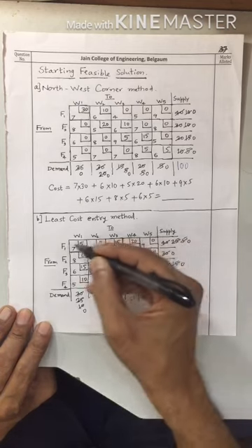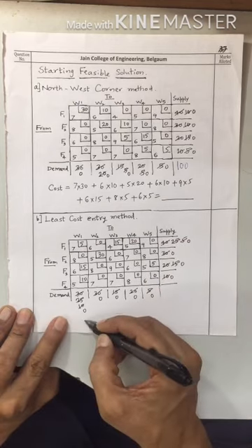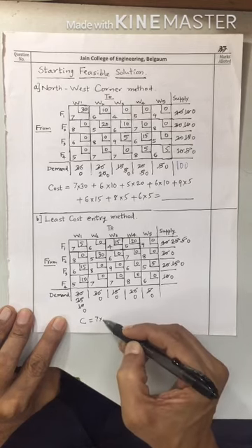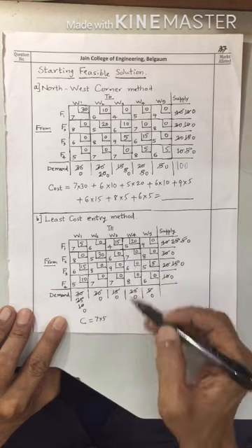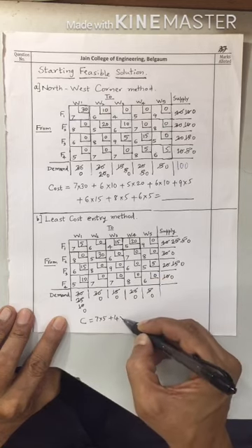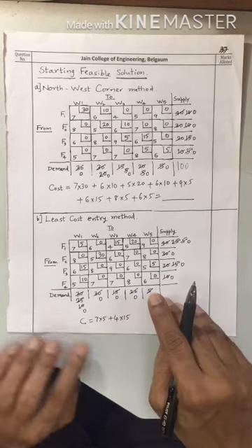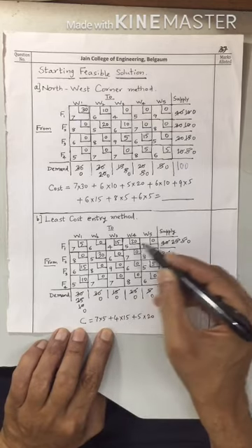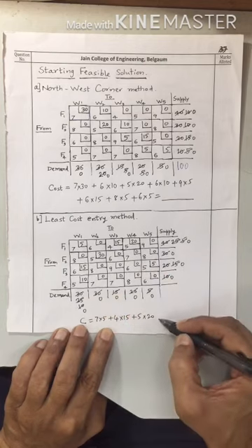Therefore, associated with this plan, what is the cost? We can easily calculate it like this: 7 into 5, plus 4 into 15, plus 5 into 20, plus 5 into 30.